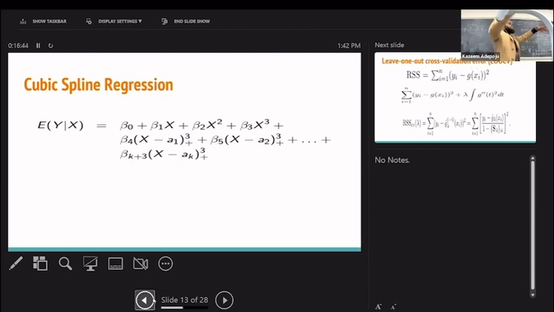We also have some more. That was why I put plus, that we still have more. Does that make sense? Okay, this is what happened. I put plus beta k plus 3 times x minus a k raised to power 3. If I'm talking about cubic, I will stop at raised to power 3.